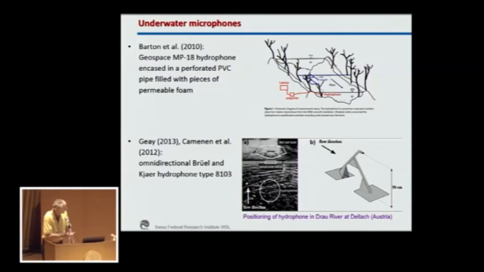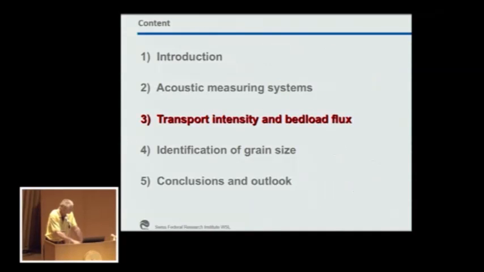You see here this system that has been employed in the United States was calibrated with, I think, Helley-Smith type direct bedload samples, and this other system here has been compared to geophone measurements in the Drau River in Austria. I will come back to that later on.